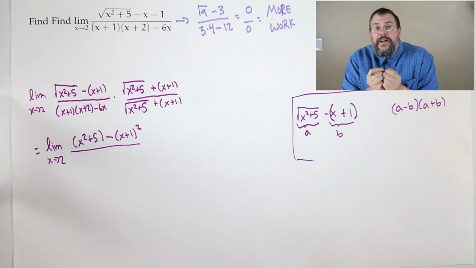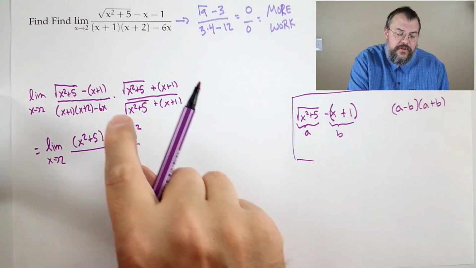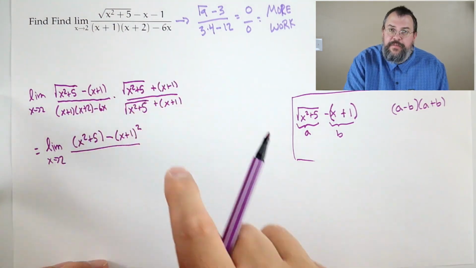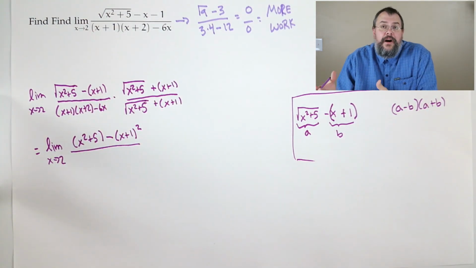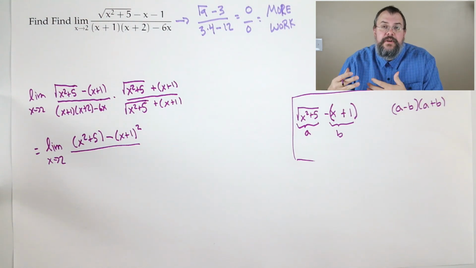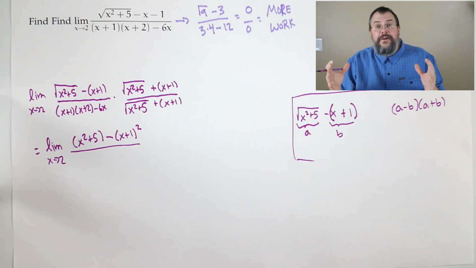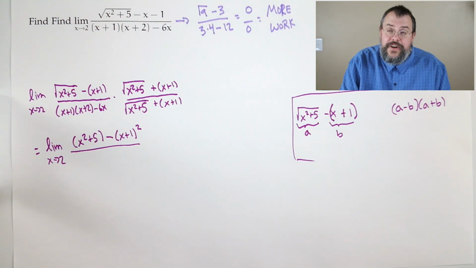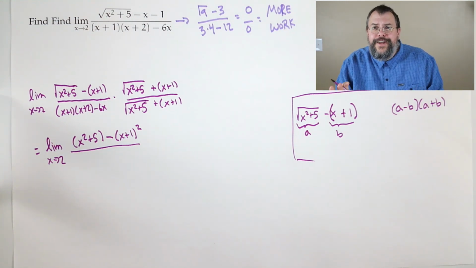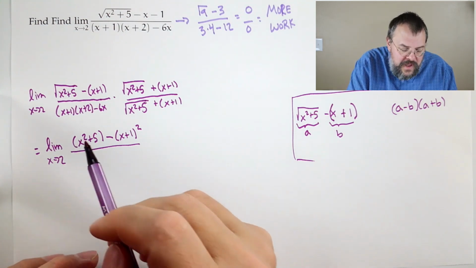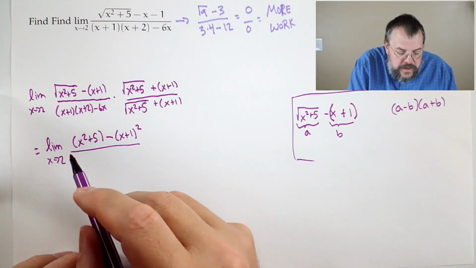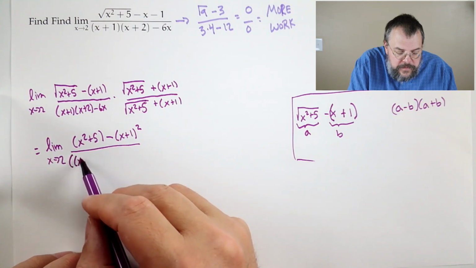The conjugate only helps in the place where it's actually having that a minus b times a plus b. In the other part, wherever that other piece ends up, it's not helping you, and you don't want to multiply it out because that's going to take time and frustrate us. We don't want to be frustrated. That's not what mathematicians do.